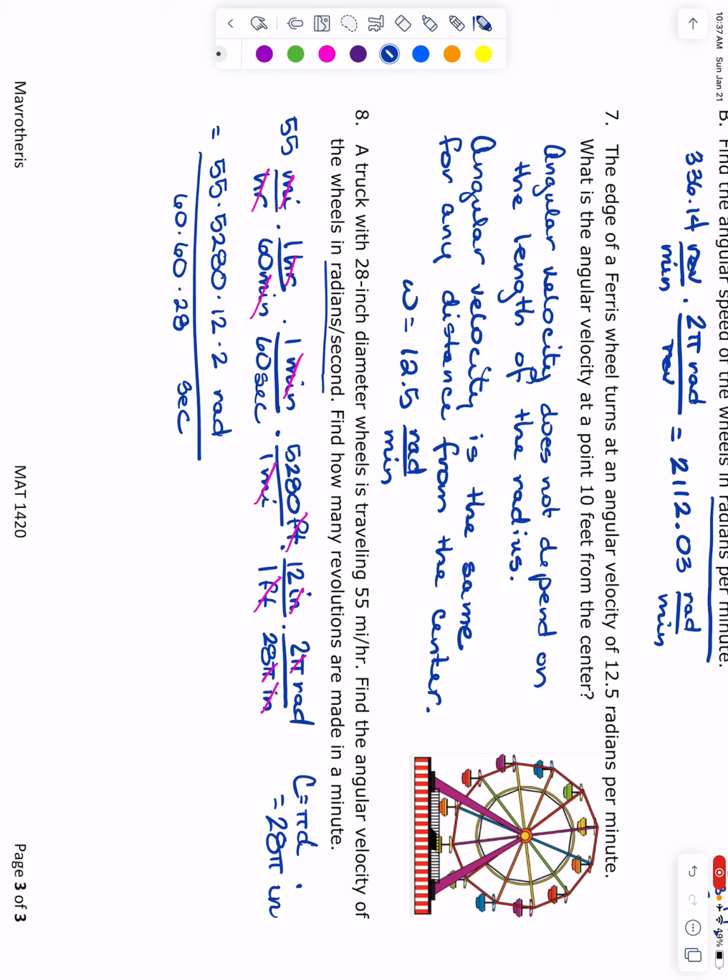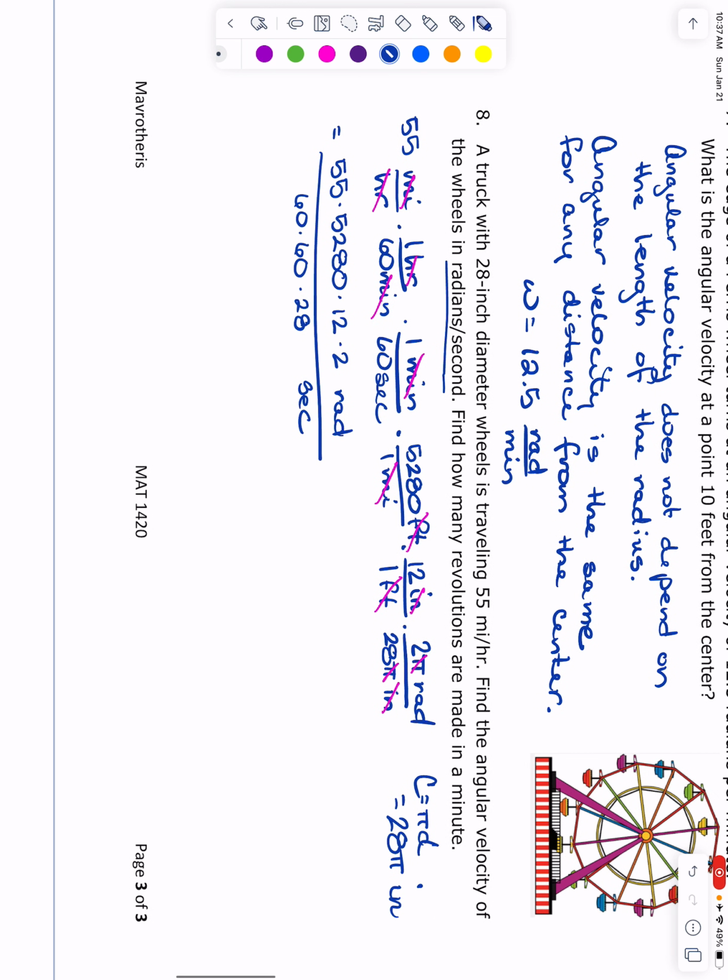I want to point out that I can set this up a different way. Everything in the numerator is getting multiplied, yes, but everything in the denominator is getting divided. So I can just go 55 times 5280 times 12 times 2 divided by 60 divided by 60 divided by 28.